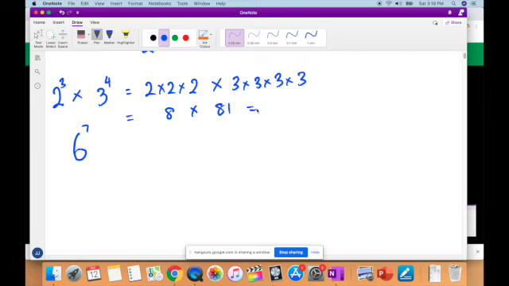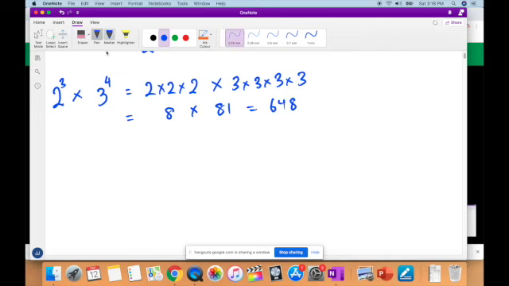So that gives me 8 multiplied by 81, which is 648. If I do 6 to the power of 7, 6 to the power of 7 is actually 279,936.